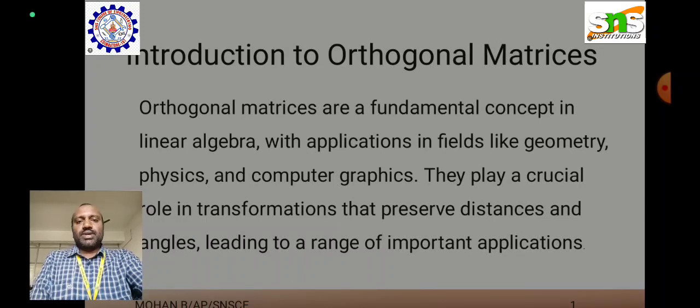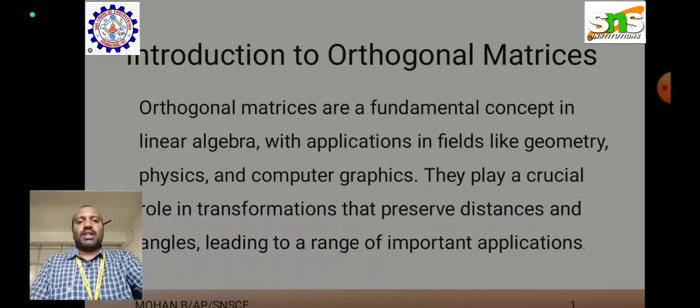What do we mean by an orthogonal matrix? An orthogonal matrix basically comes from a symmetric matrix with repeated eigenvalues.